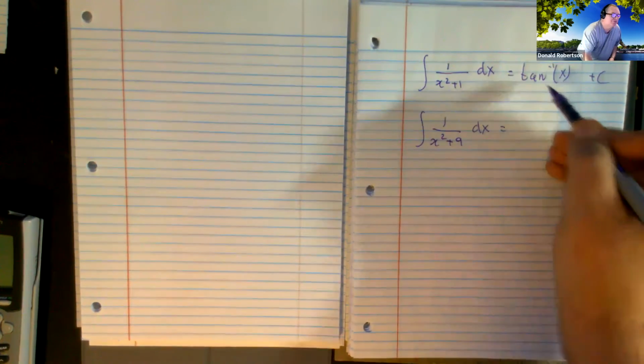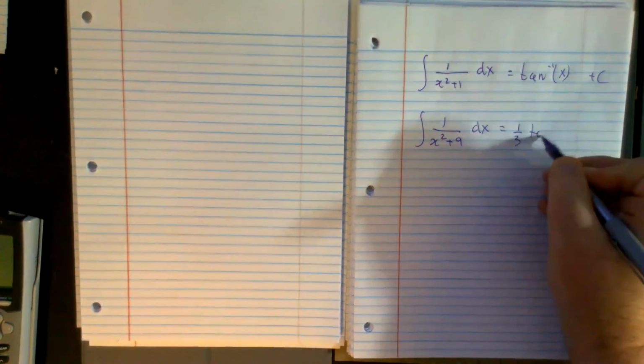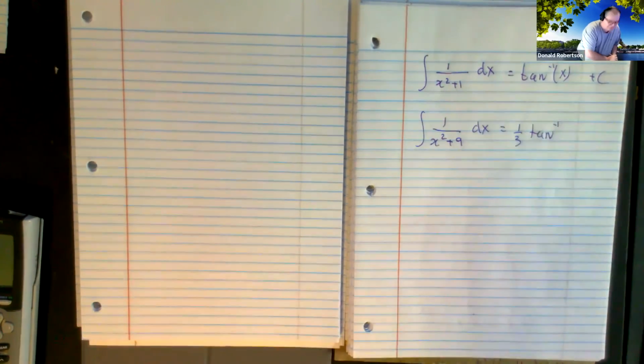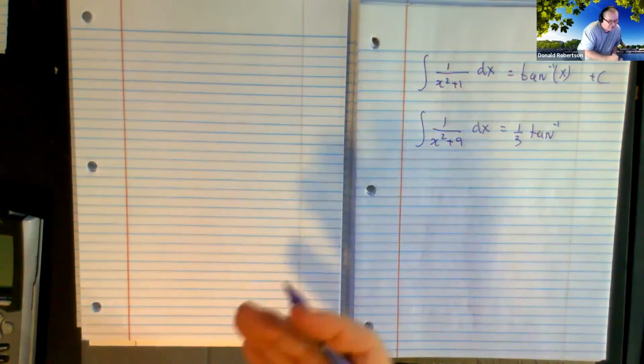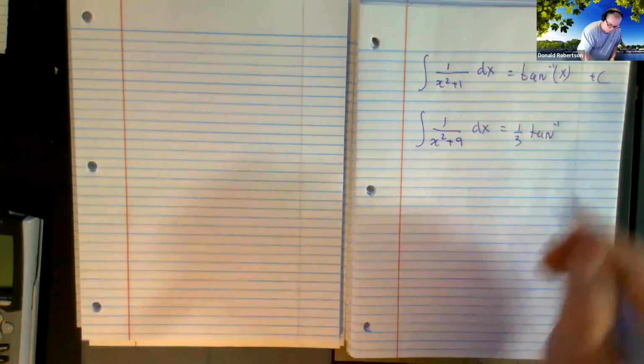Okay, now, there was an expanded version. So you can actually find the integral of 1 over x squared plus any number, plus 4, plus 9, plus 25. They typically tend to be square numbers. Does anybody know what the integral of that is? It's similar, but not the same as that one. A third tangent inverse of x. It's not got 3 in it, but it has a third. What goes inside?